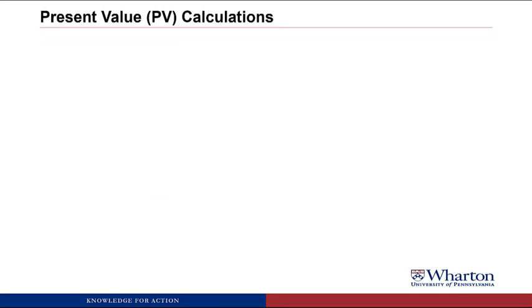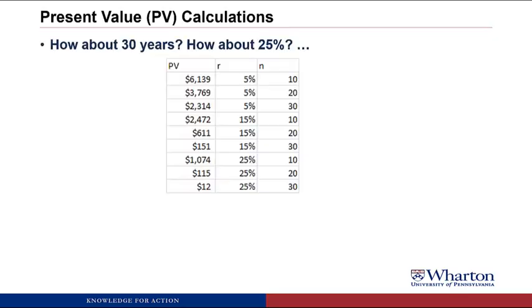Yes, the pattern that we're seeing here does generalize. So if we looked at 30 years or 25%, so do the same kind of sensitivities we did before, what we find is that if you look at the 5%, as the number of periods gets bigger, the present value gets smaller. If we look at 25%, same thing, as the number of years goes up, the present value goes down.